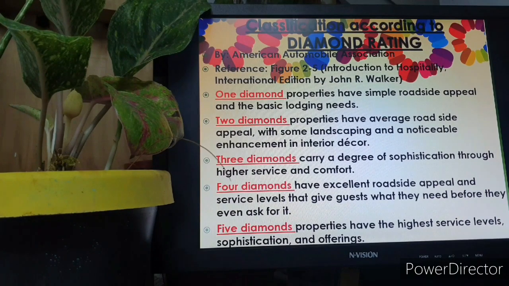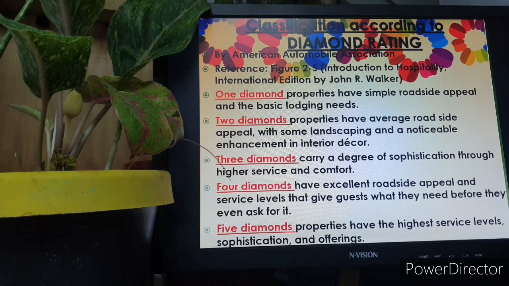Next, 4 diamonds have excellent roadside appeal and service levels that give guests what they need before they even ask for it. Properties are upscale in all areas, and accommodations are refined and stylish.